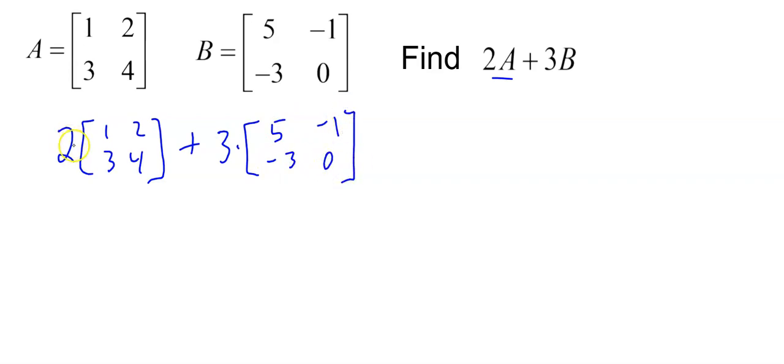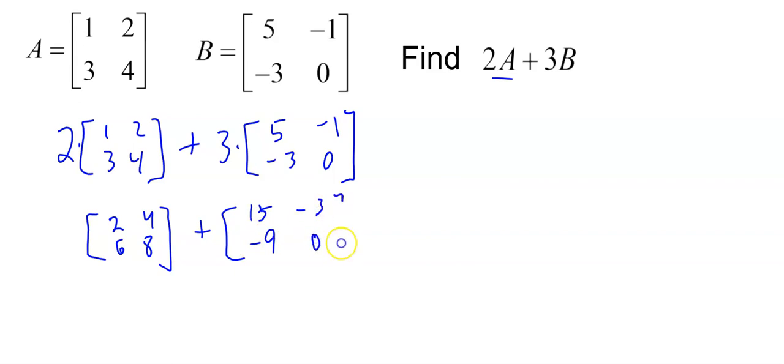I'm going to do the scalar multiplication first. It just distributes to each term, and that's exactly how you might think it would work. So 2 times the matrix 1, 2, 3, 4 would be 2, 4, 6, and 8. And 3 times that matrix would be 15, -3, -9, and 0. It doesn't really change any of the dimensions. It's still a 2 by 2.